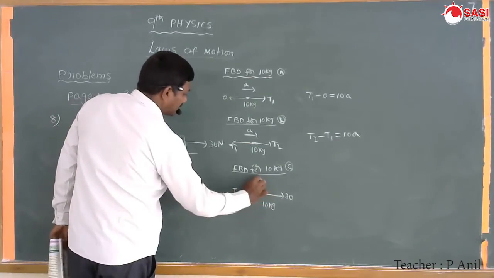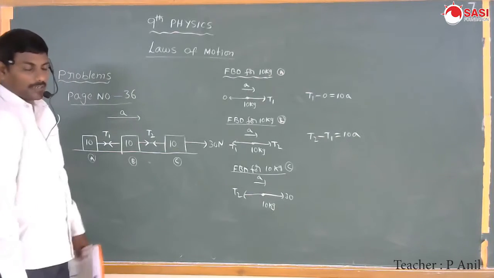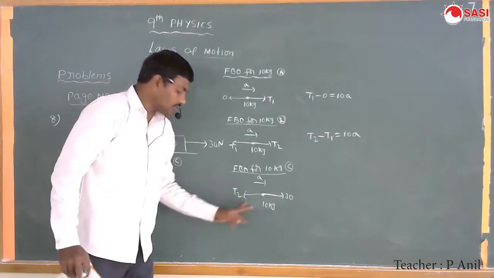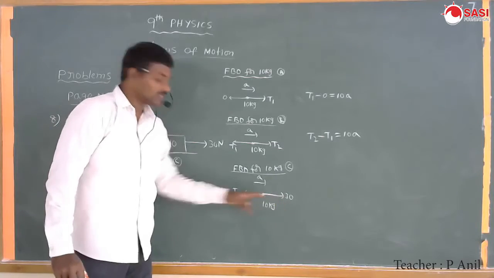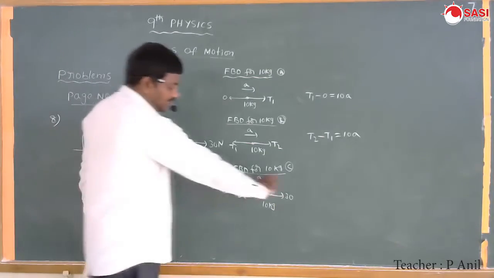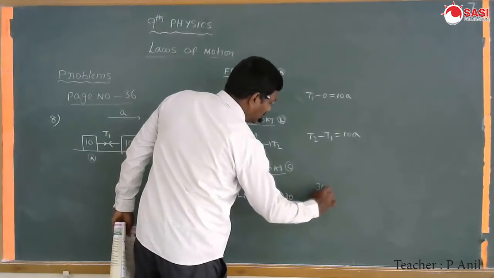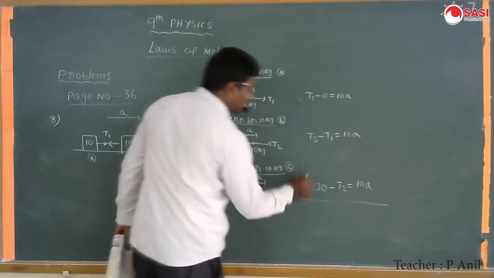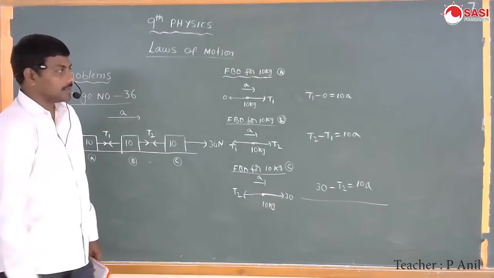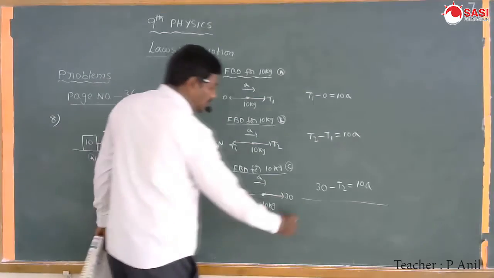Acceleration is to the right side. Net force is 30 minus T2. Acceleration is in this direction. That's why 30 minus T2 is equal to 10A. Now we can add these equations.